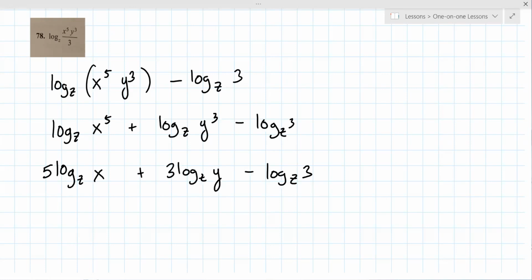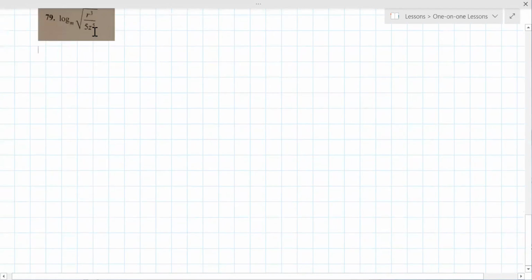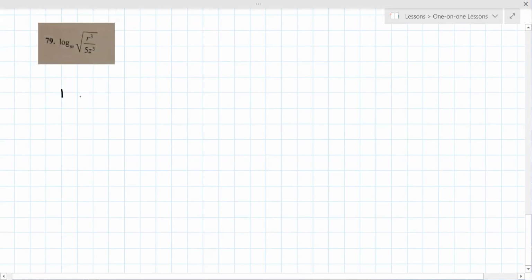All right, on to 79. The first thing I want to do is rewrite this with the square root as a 1/2, and show you that you can immediately bring that to the front.